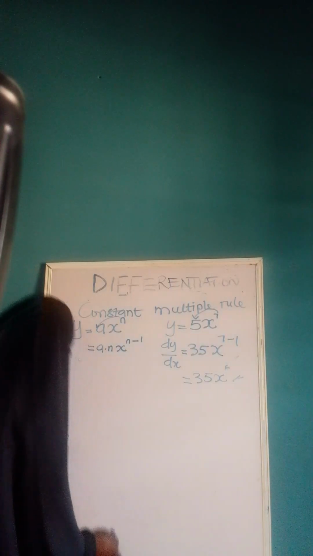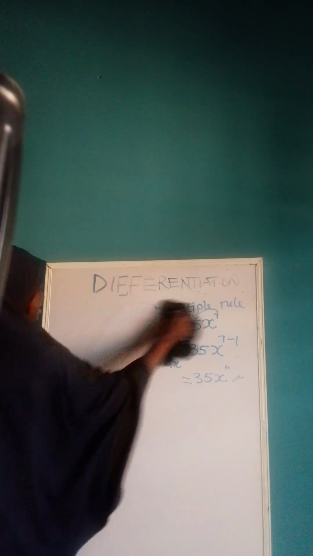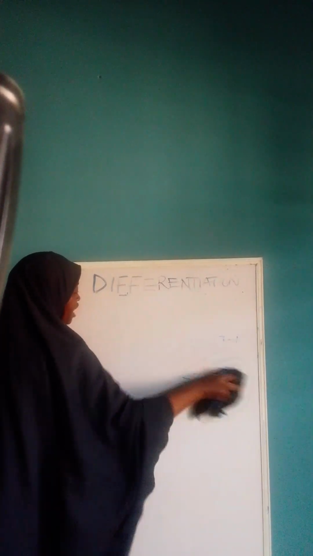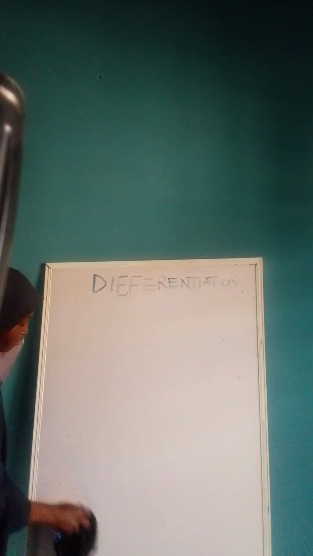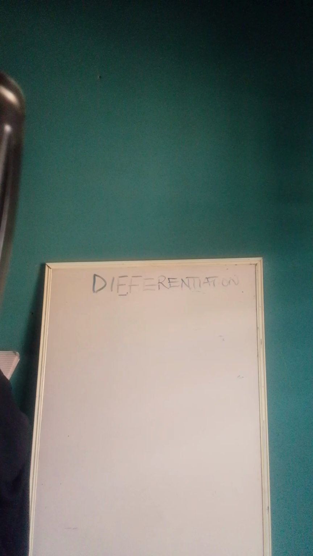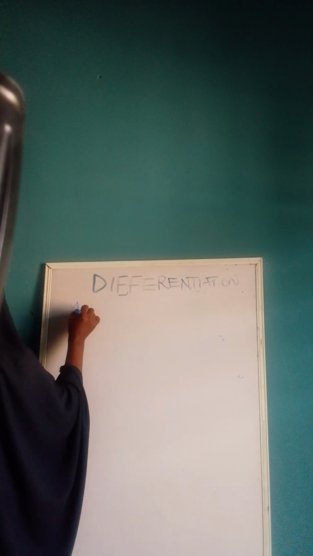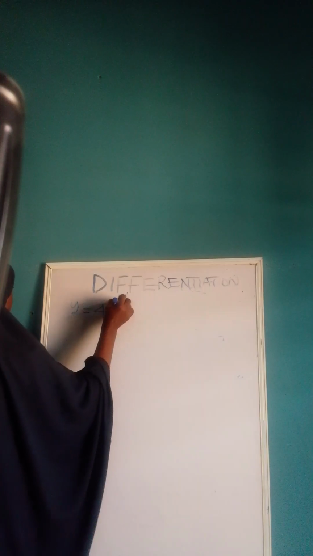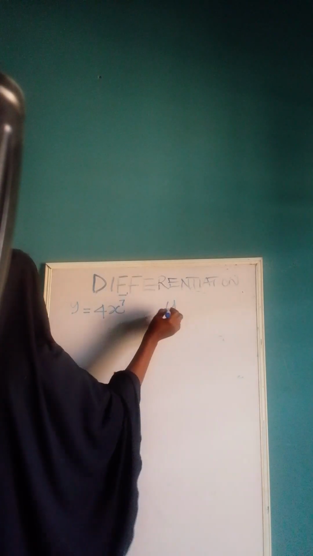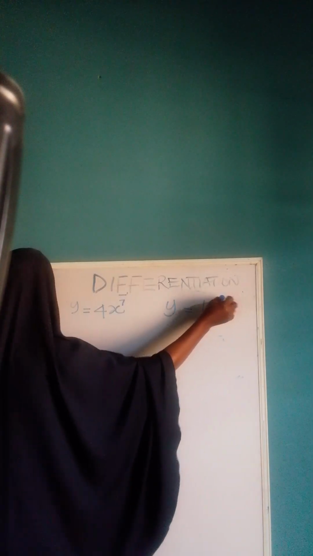Now let me give you some exercise. You can just copy it down. At the end of the lesson, you can try it and see that it is as simple as that. y equals 4x raised to power 7. y equals 12x raised to power 6.